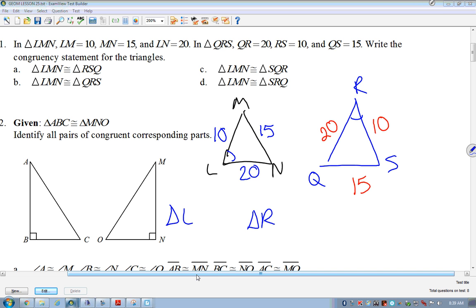So I want to see what's between 10 and 15 over here. Okay, so we got M, S, and we only have 2 things left. So I can go triangle LMN is congruent to triangle RSQ. If we follow that process, we understand how to use some logic to get where we want to go. Okay? All right.